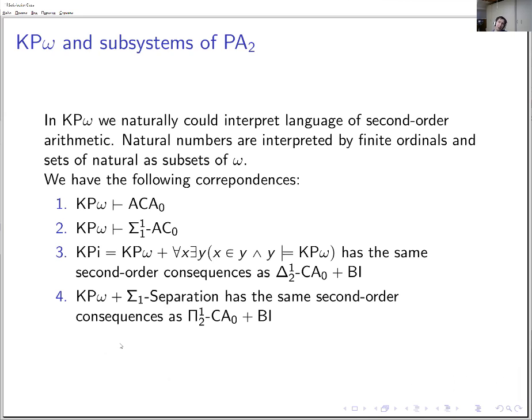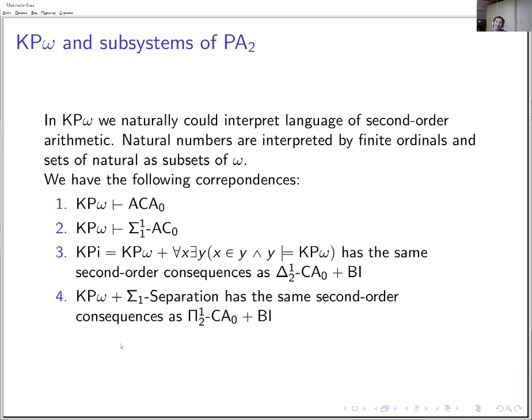So if you're talking about the connections of Kripke-Platek set theory to proof theory, first, the theory KP without infinity is more or less the same as Peano arithmetic.